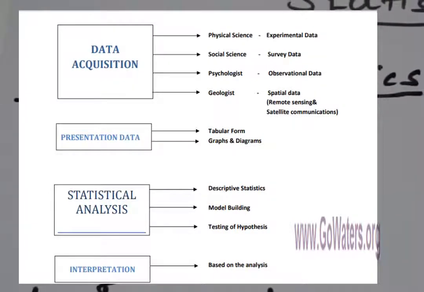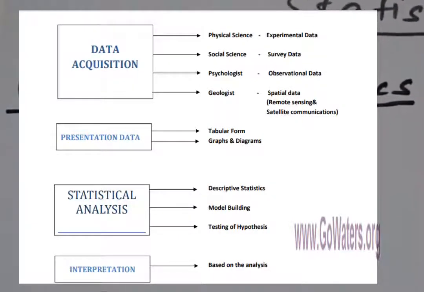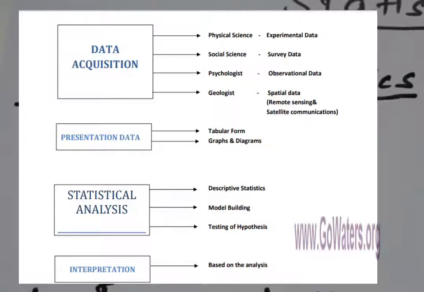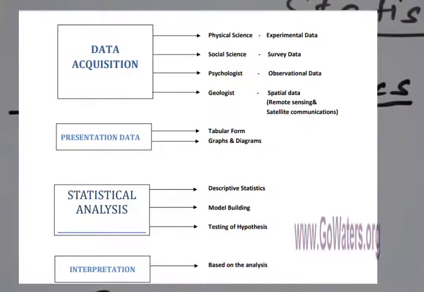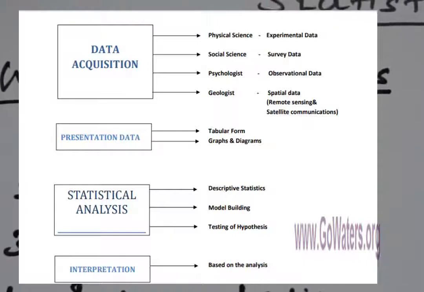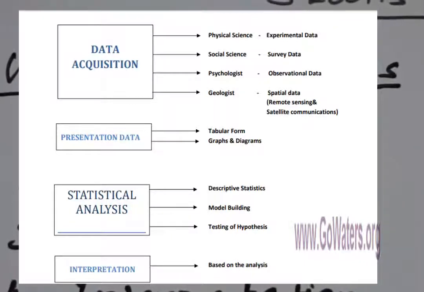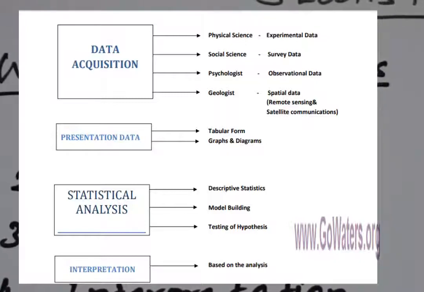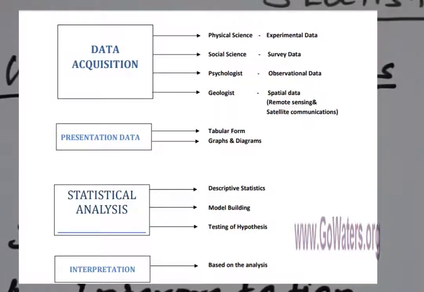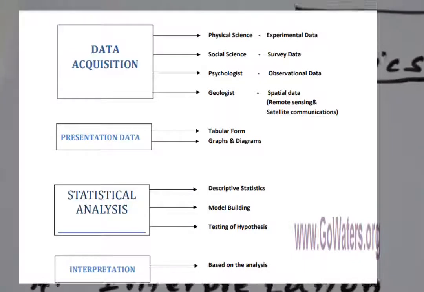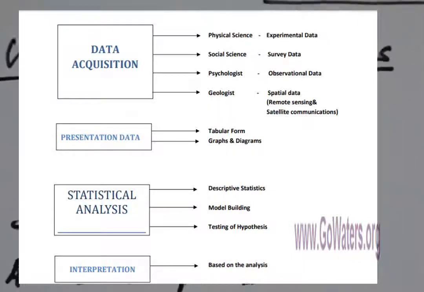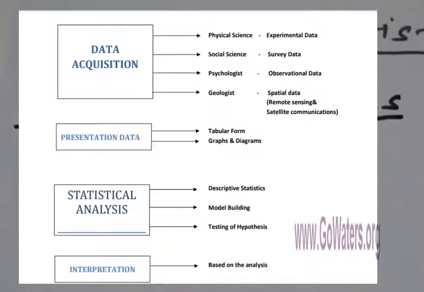So the researchers normally conduct a survey, and as a result of a survey they will get the information, the data. So for social sciences, the main source of data is through the survey. So we call that as survey data. And the psychologists, they normally observe the patients, and based on the observation they collect the information. So for them, it is an observational data.